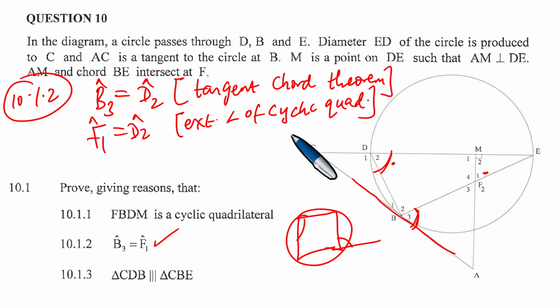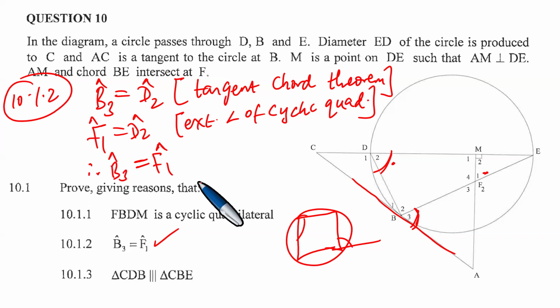So we have B3 is D2 and F1 is D2, and therefore B3 is equal to angle F1. This is what you're supposed to prove here.